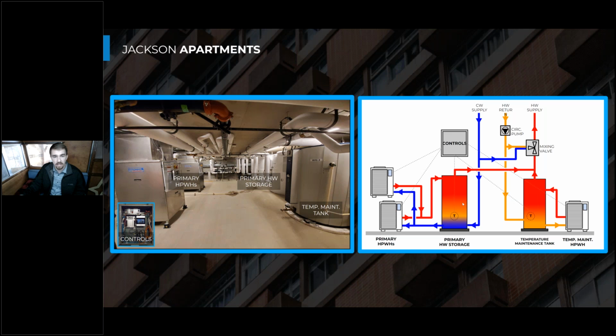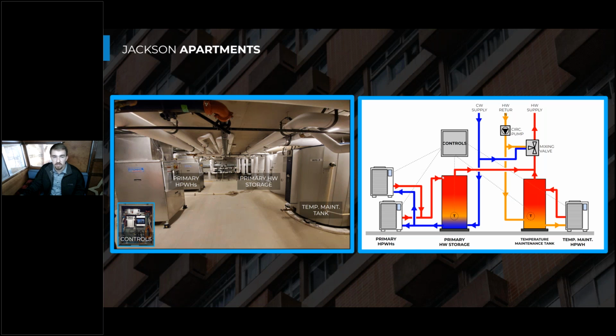So incorporating backup here, what we don't have pictured from our system at Jackson, just so we could show a simplified heat pump view, is we have a redundant electric resistance heater that is sitting in parallel with these primary heat pump water heaters. So it pulls this cold water out of the bottom of the tank just like the heat pumps would, and then it heats it up to 140 and then dumps it into the top of the tank.